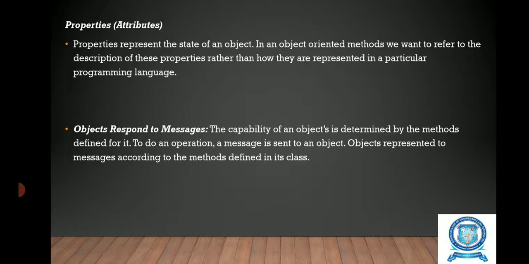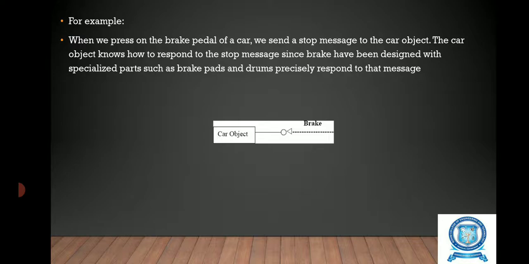Objects respond to messages. The capability of an object is determined by the methods defined for it. To do an operation, a message is sent to an object and the object responds to these messages according to the methods defined in its class. For example, when we press the brake pedal of a car, we send a stop message to the car object.